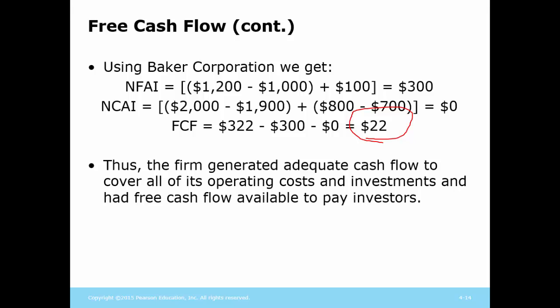So how could we use this? We could use it for dividends. We could use it to make additional interest payments. We could use it to buy back stock. We could use it to buy back the debt of the company. Again, investors are interested because it gives them a sense of safety. How safe do they feel about the future of their expected cash flows?